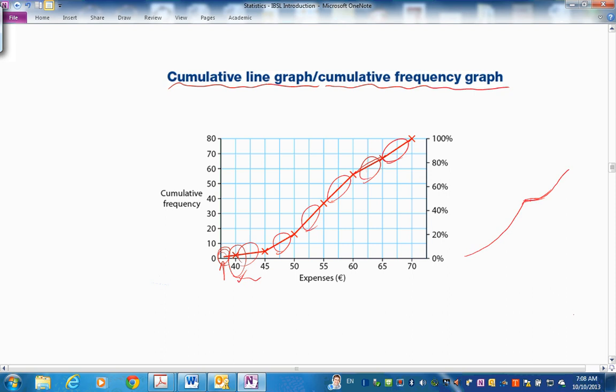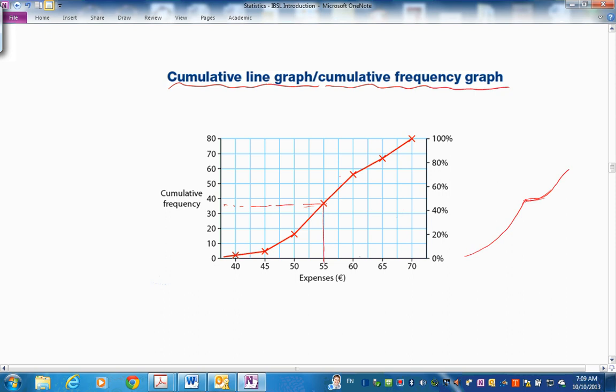All right, so how do we read it off again? You could say, how many students are living on less than 55 euros? Okay, so you could read that off there.